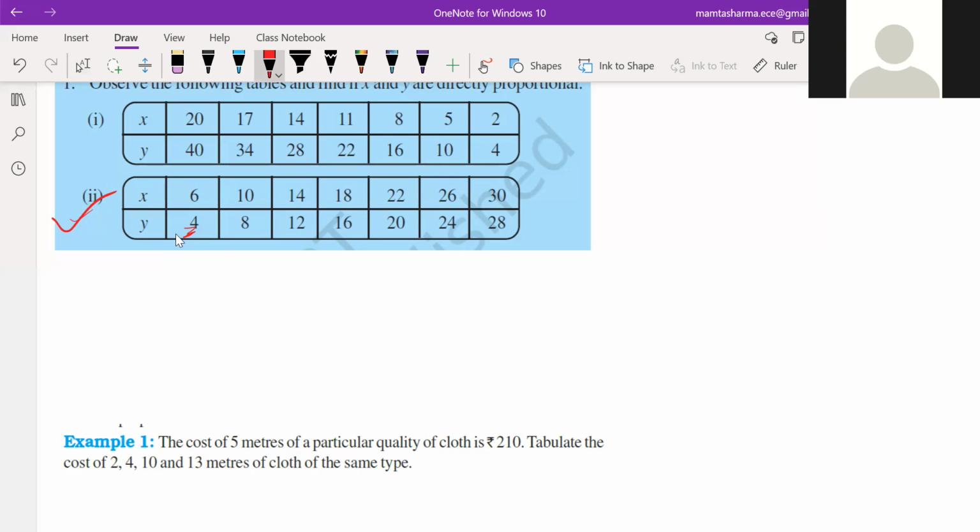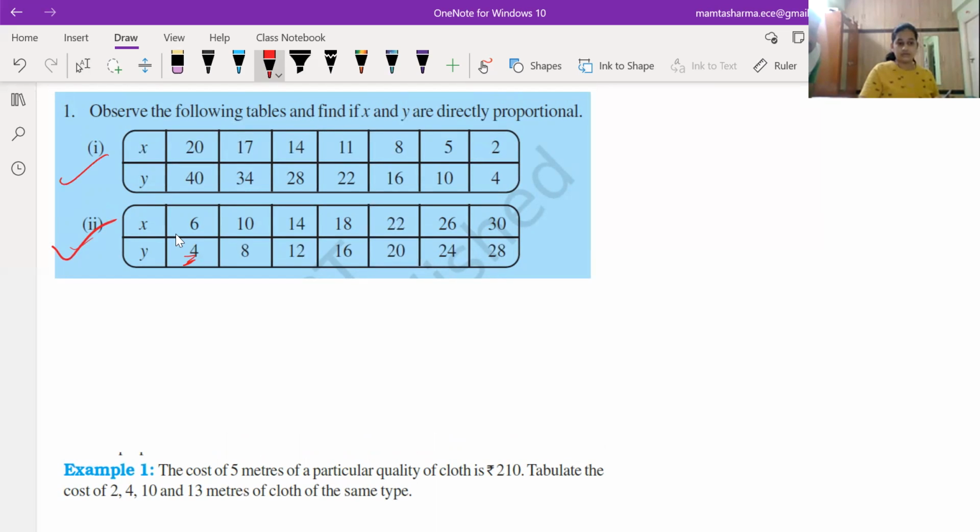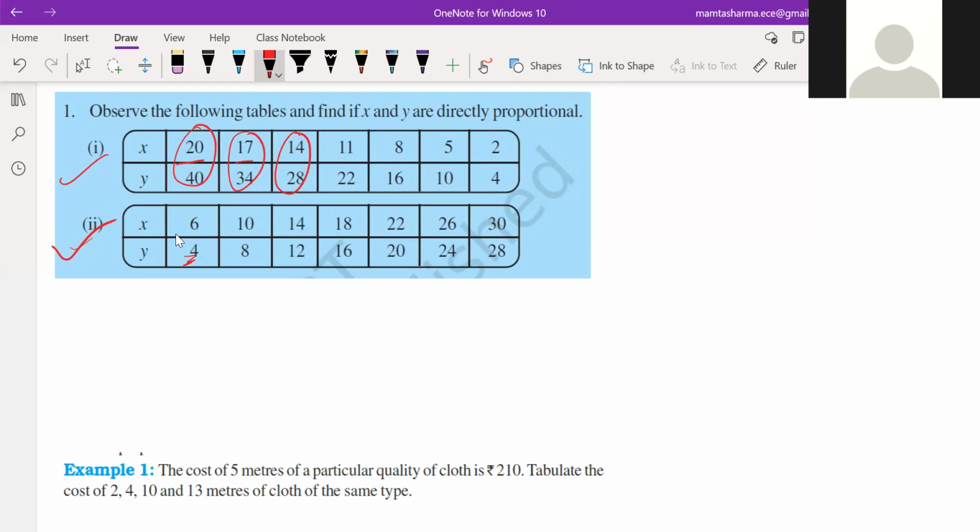Correct. And the first one? Ma'am, the first one is directly proportional because every time the ratio is 1 by 2. The ratio is the same for all the rows. So this is yes, this is no.